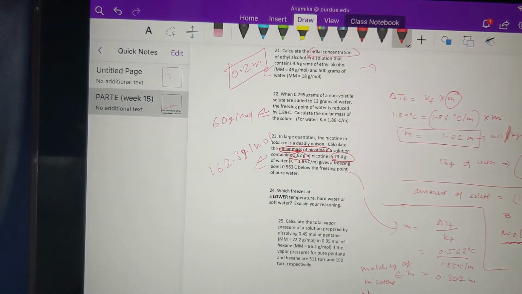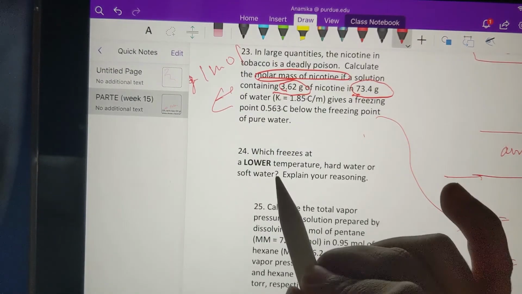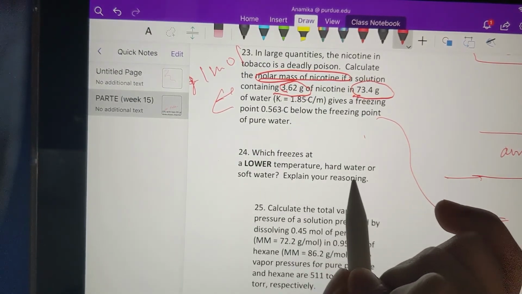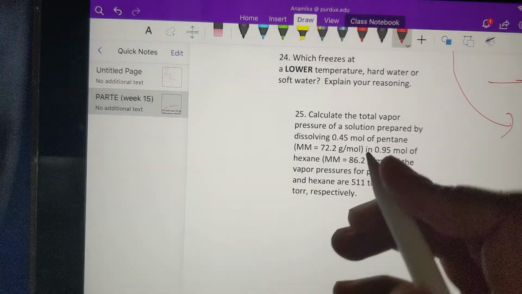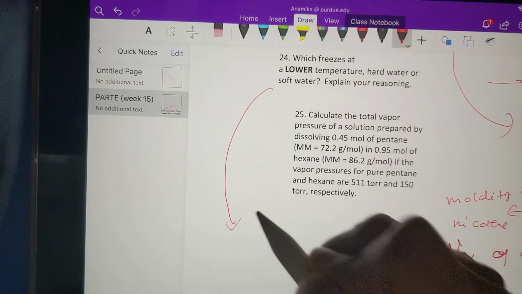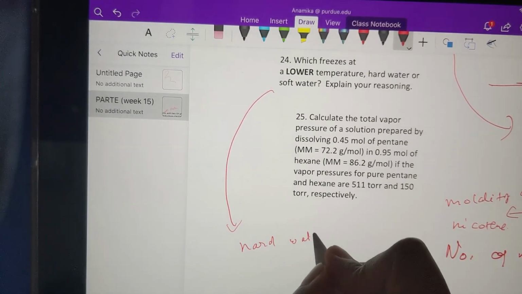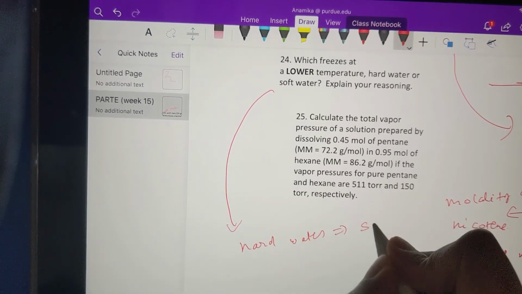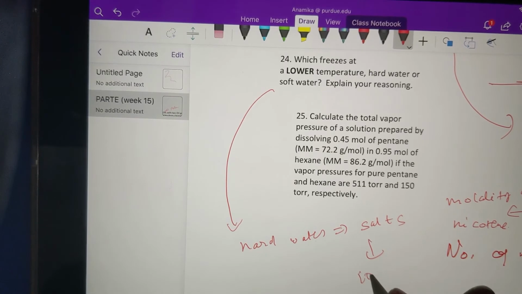gram per mole. Okay, so next question is, which freezes at a lower temperature, hard water or soft water? Okay, so you know that in hard water you have lots of salts, which means you have lots of ions.